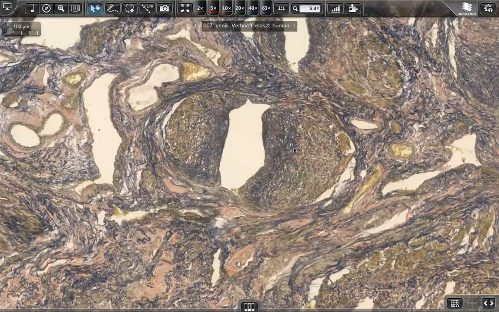You know, during the erection, after the blood inflow, the intracavernous pressure is getting higher, because the veins at the surface are compressed, and only the deep veins can convey the deoxygenated blood toward the body.